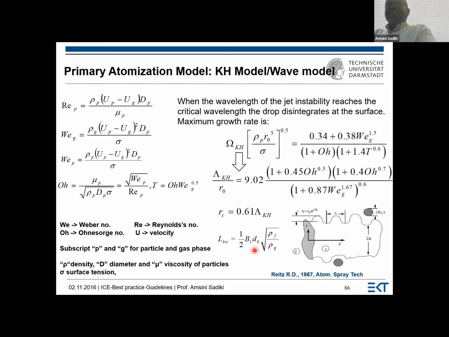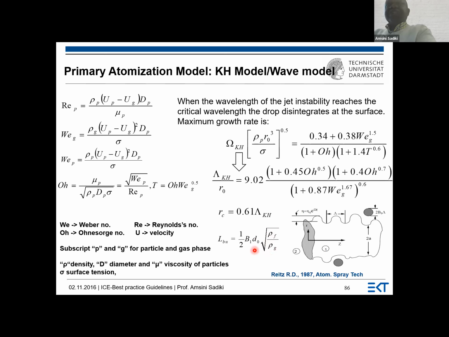The breakup occurs due to wave disturbance, and we have the same logic because everything is based on linear instability. We obtain the growth rate, which corresponds to the maximal instability, as in these expressions, though the details are given in this paper or in this book that I have shown you before.